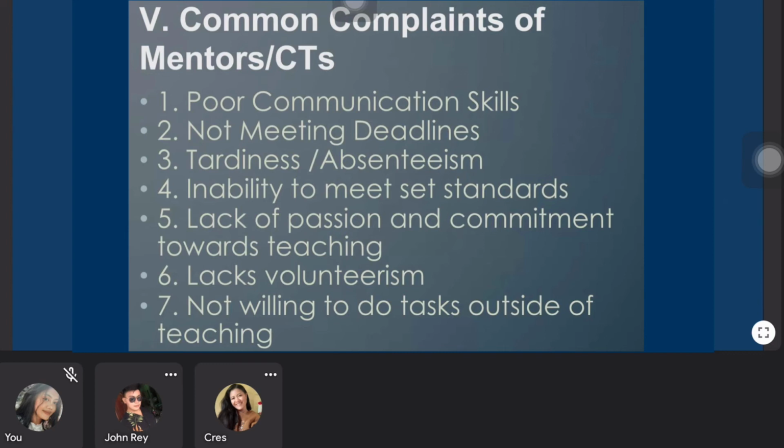Fifth, lack of passion and commitment towards teaching. Sixth, lack of volunteerism. And lastly, not willing to do tasks outside of teaching. In order to avoid these complaints, we need to be responsible and follow what is given to us as student teachers.